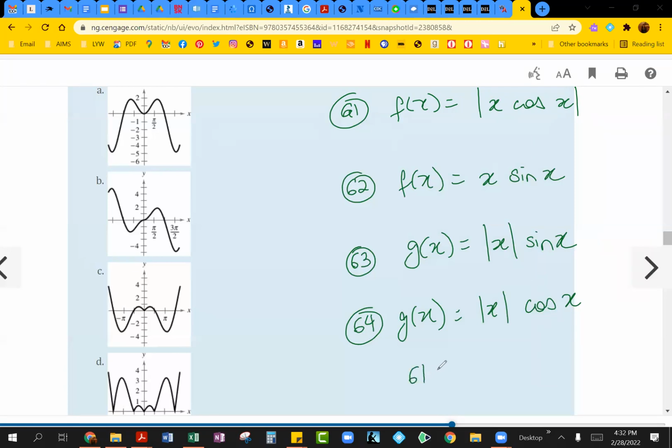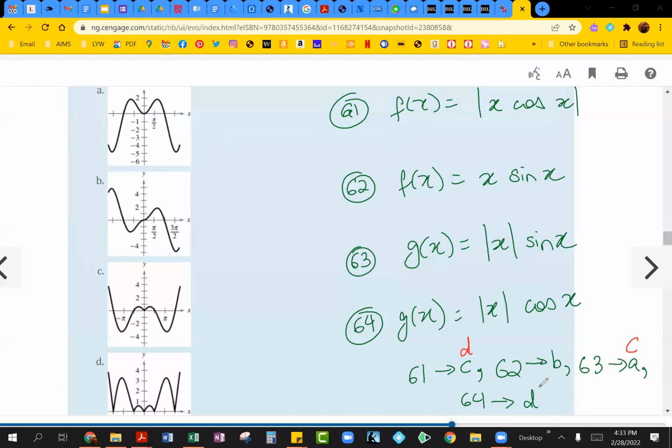So let's see, we've got 61 with C, 62 with B, 63 with A, and 64 with D. Okay, and then the next answer I see on my chat here is 61 with D, 62 is B. Okay, so both of you went with that. 63 is A, and I have a C also, and then 64.